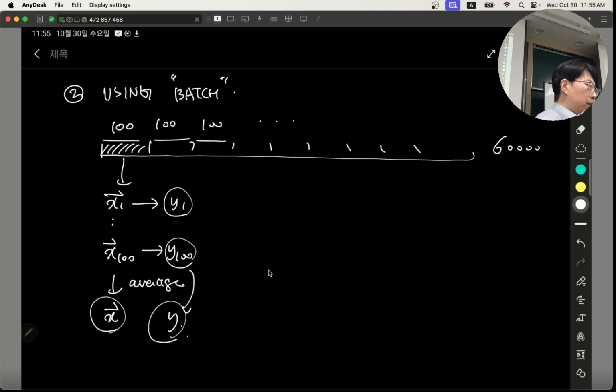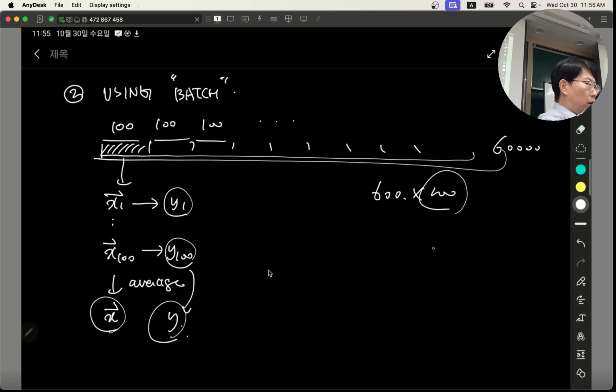But let's suppose that you've done this 600 times, so you can sweep all 60,000 images. Then you don't stop there. You do it 100 more times. It's called an epoch. When you sweep the whole data set by batch size, it's called one epoch. So if you do 100 epochs, then in principle you're sweeping all the images once.